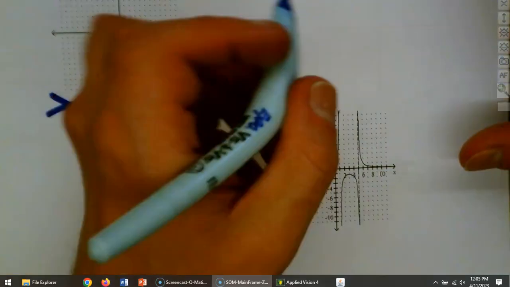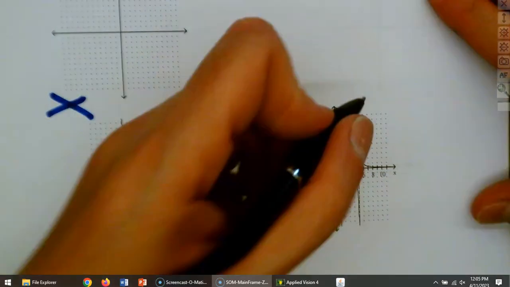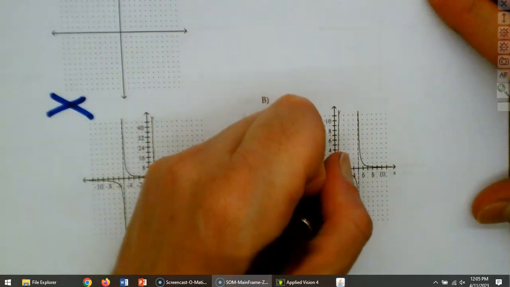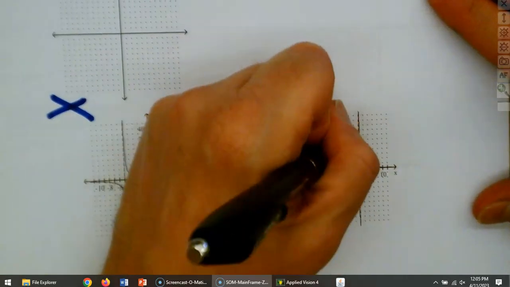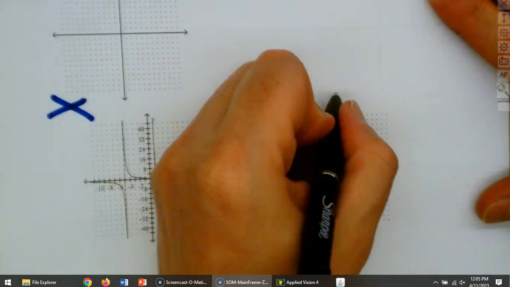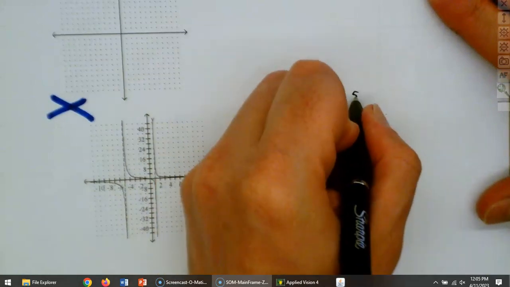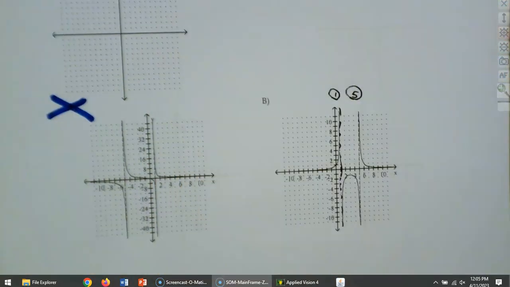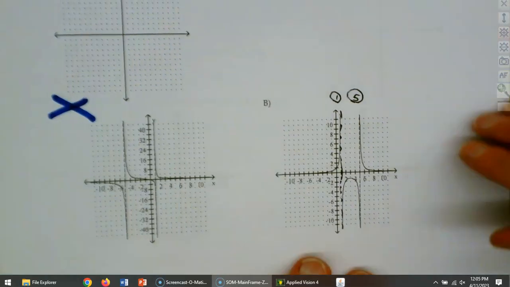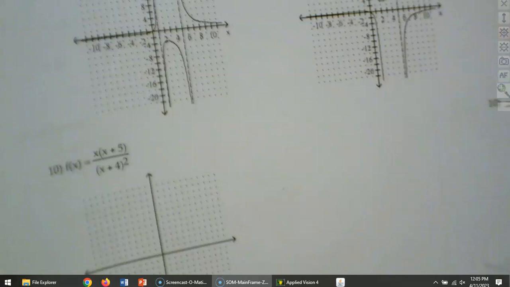It doesn't look like it, does it? Because look here. Okay, if I draw in my dotted lines, it looks like this is at about 1, and that one's at about 5. Okay, so B could work, couldn't it? What about choice C?